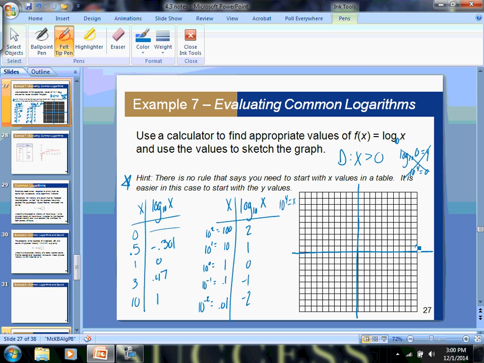Okay, that is 10. 10, 1, and then 1, 0, and then 0.1, negative 1, and then 0.01, negative 2 would be way down here. So my graph is going to go rather gradually to the right.